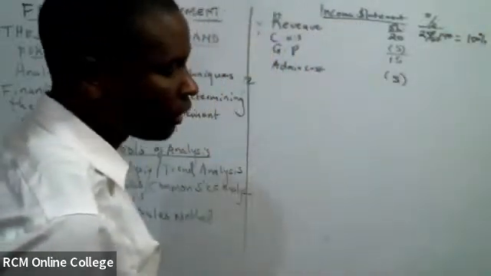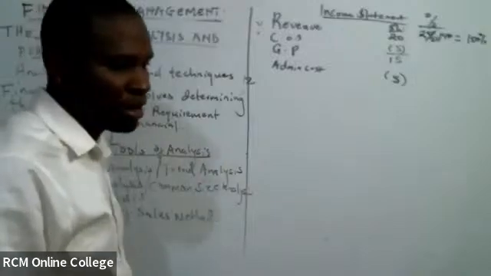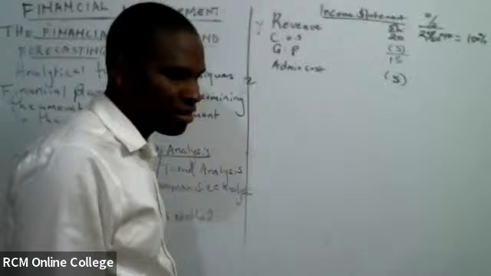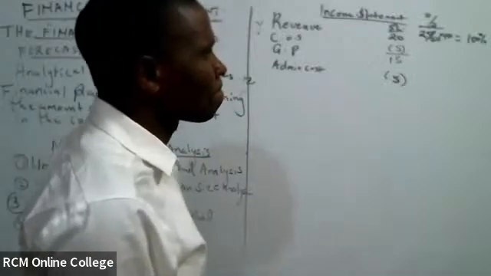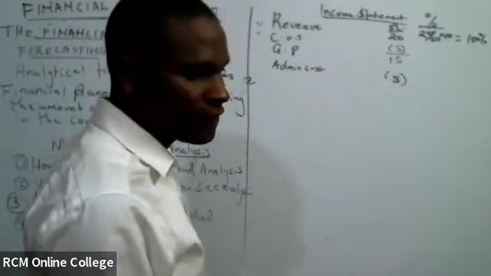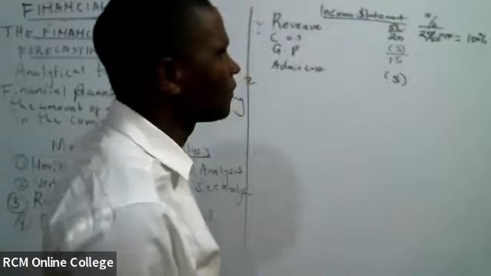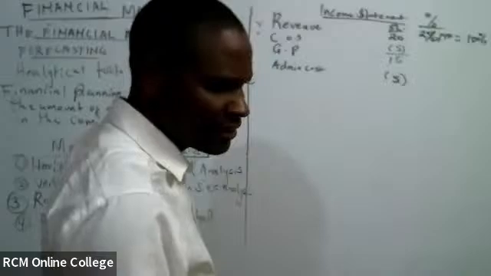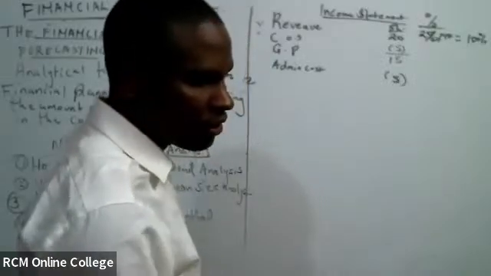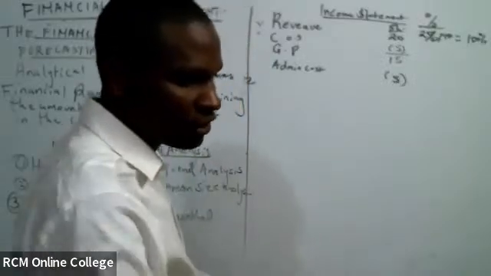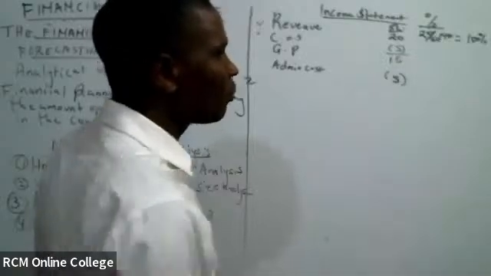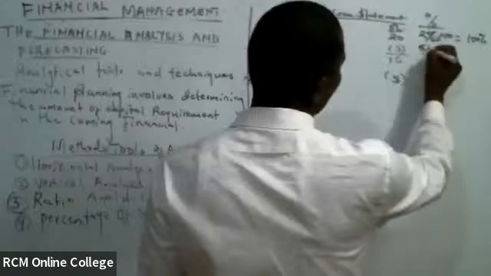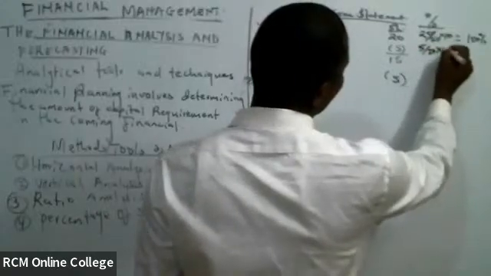Unlike in the other method, like the horizontal method, where we're looking at the trend, you can get even more than 100% in a certain item, the trend going to 500%.